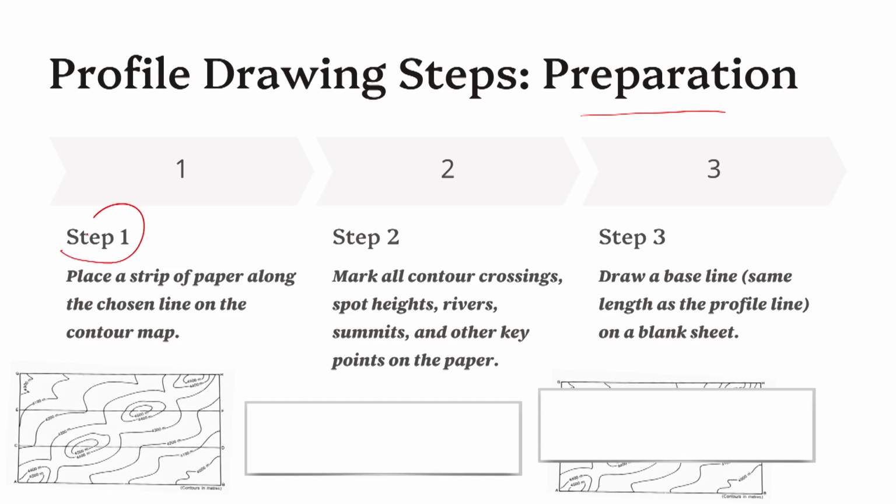Step 1: place a strip of paper along the chosen line on the contour map. Look at this picture. This picture is a contour line. That contour line represents the elevations. So, first, if you like, on a map you can trace that contour line from the topo sheet.